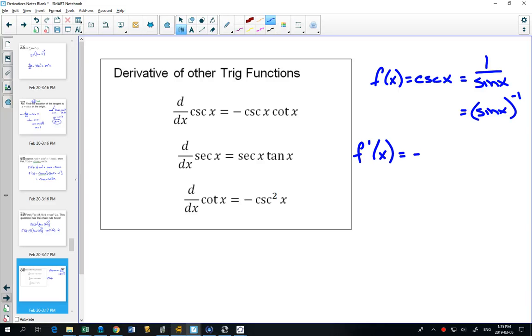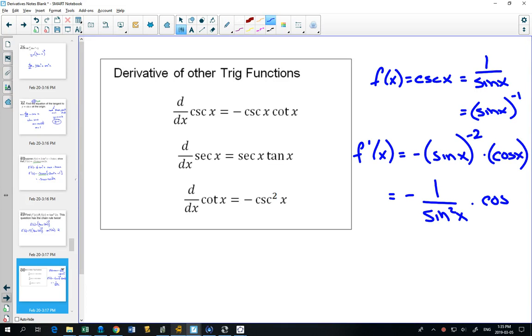It's a chain rule. The minus 1 would come out in front, subtract 1 from the exponent, and then multiply by the derivative of the inside function. This would give us negative 1 over sine squared x times cos x. And that's the right answer.